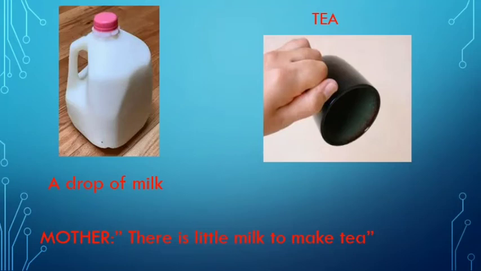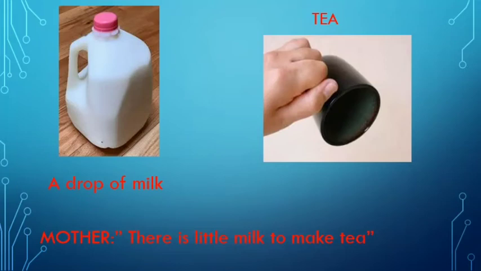Just look at the example and try to understand. Try to listen carefully, children. Suppose there is a drop of milk left in a milk jug, and your father asks your mother to make a cup of tea.